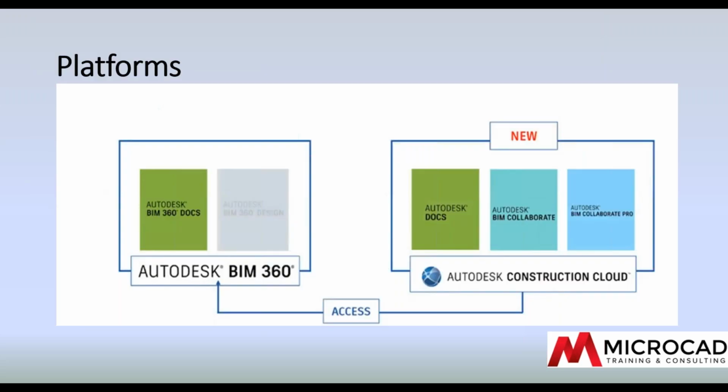The key feature of these products is the ability to use the unified platform within Autodesk Construction Cloud. Currently, BIM 360 Docs and BIM 360 Design operate within the BIM 360 platform. The new products are able to work with the Autodesk Construction Cloud platform, but also give users access to the legacy BIM 360 environment.